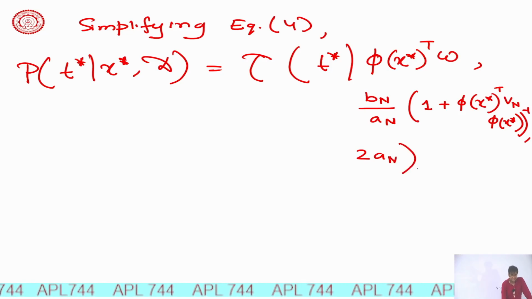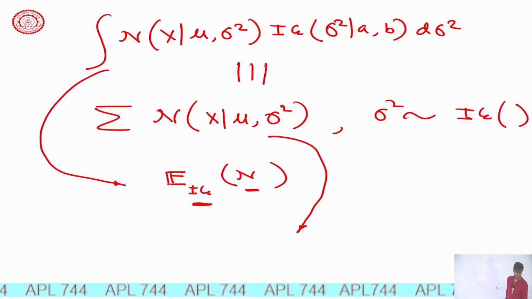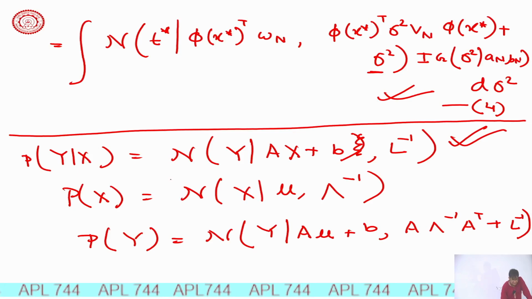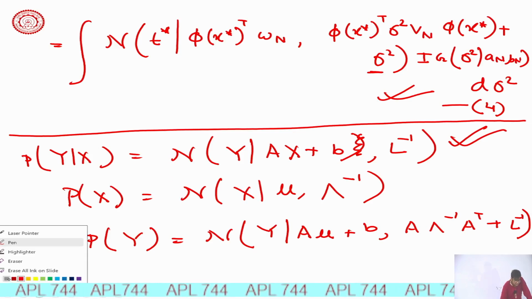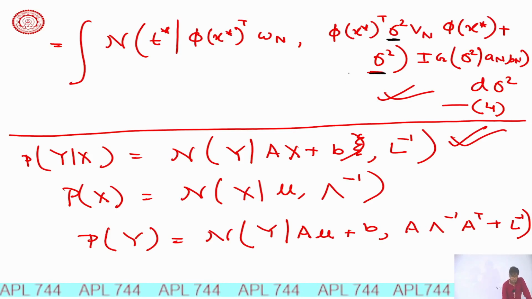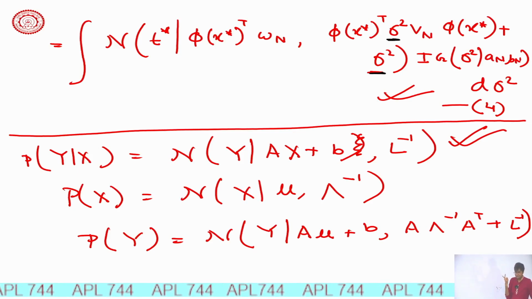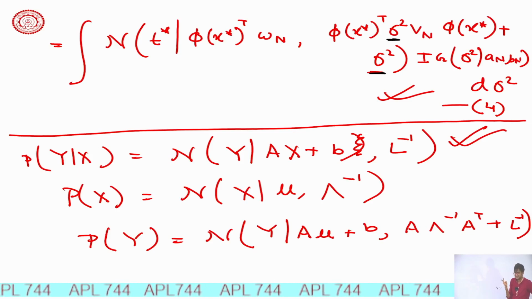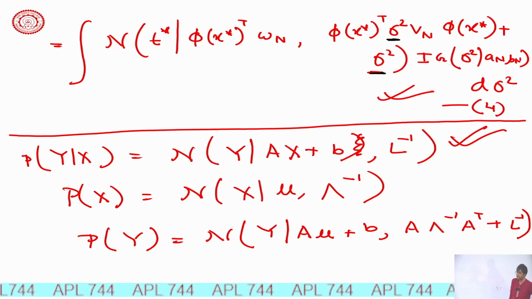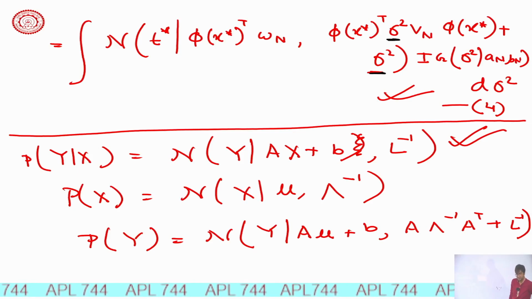Let us look into the second one again. See, sigma square is here and sigma square is here. So you take sigma square common. If you take sigma square common, what will you get? Second term will give you 1, right? And the first term will give you phi x star transpose Vn phi x star.